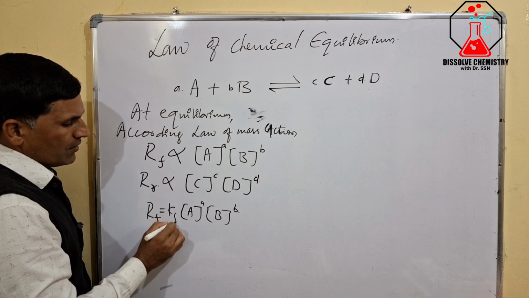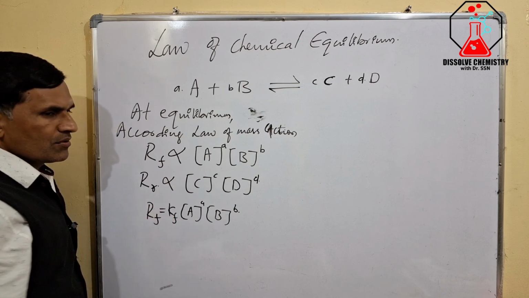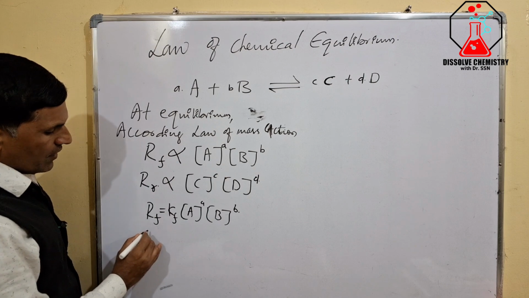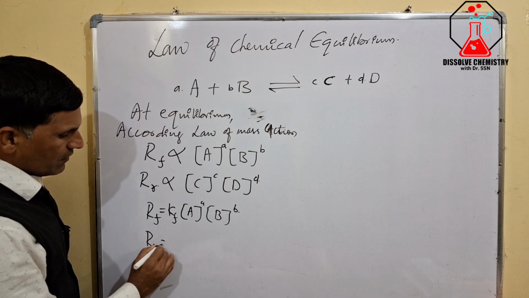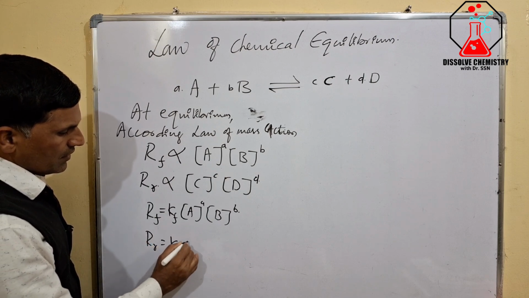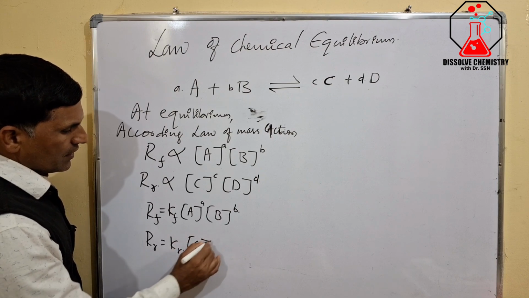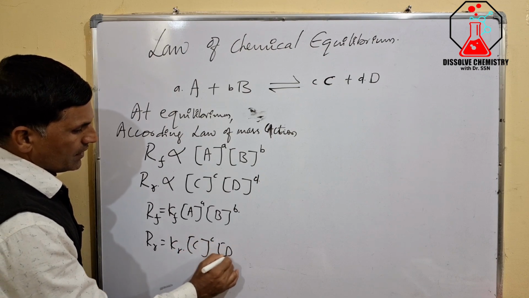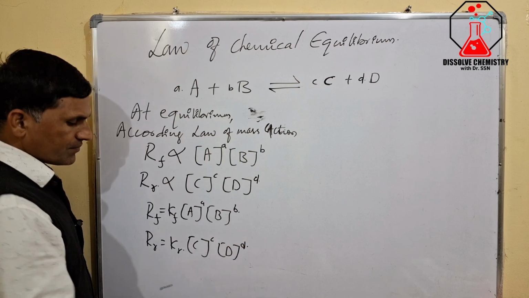The proportionality constant we call Kf is introduced. Similarly, for the reverse reaction, R reverse is equal to Kr into C raised to the power c, D raised to the power d.